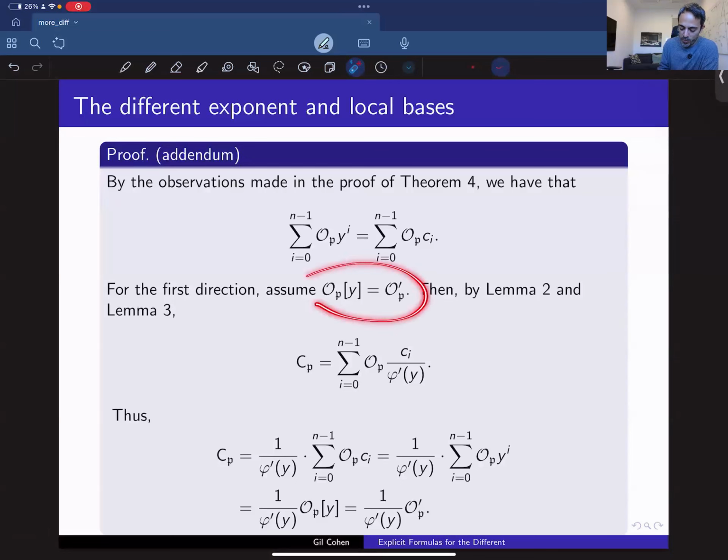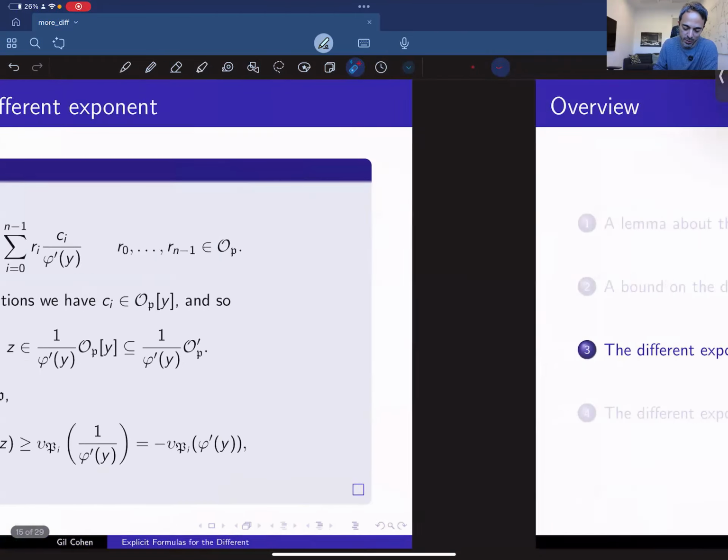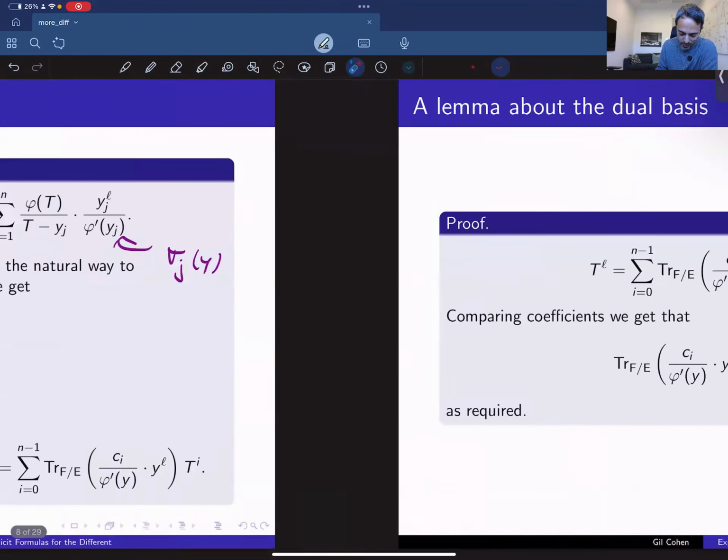Yes, so we assume that OP y is O prime p. Again, this means that 1, y, y squared, and so on is a local integral basis of OP prime. By the previous results, lemma 2 and lemma 3, I'll remind you.